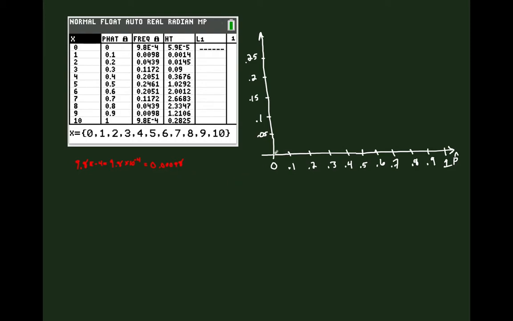So this first bar on my distribution is going to be really short. The next one is about 1%. So the probability of flipping 1 out of 10 heads is about 1%. And it can carry on here just using the values from the table to determine how tall each of these bars needs to be.